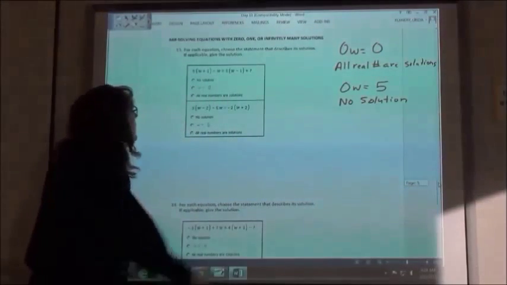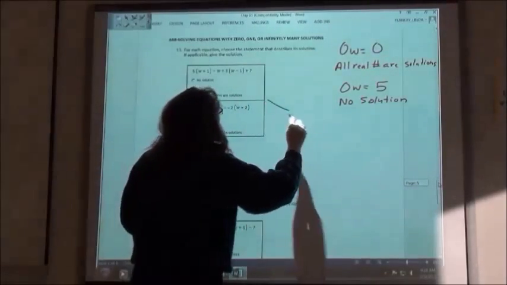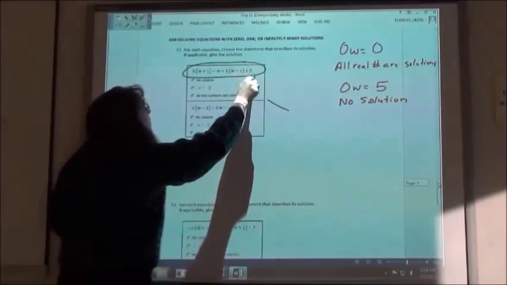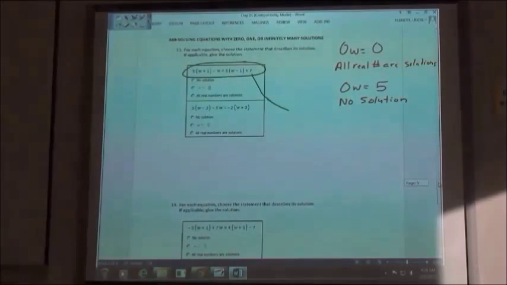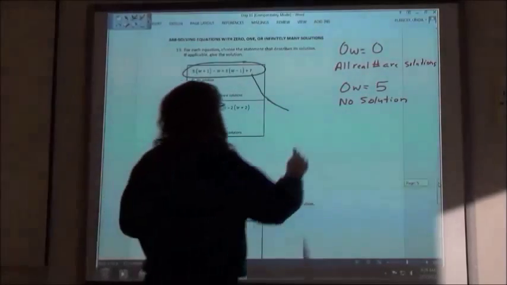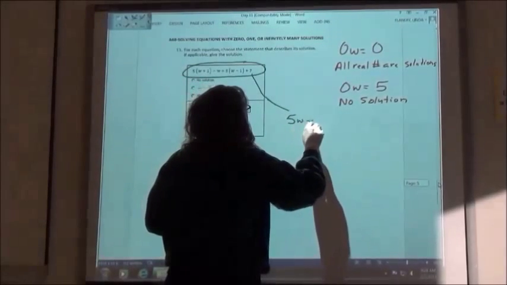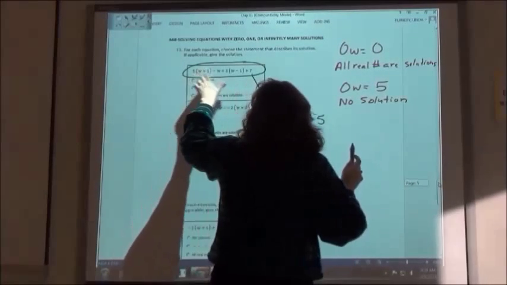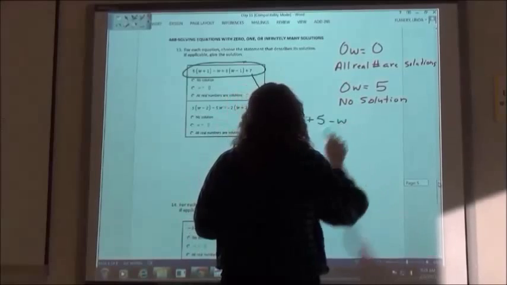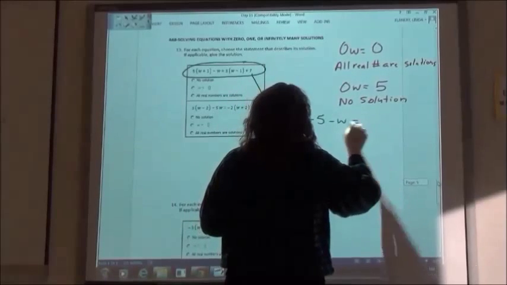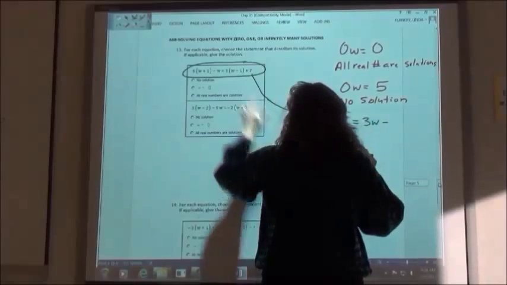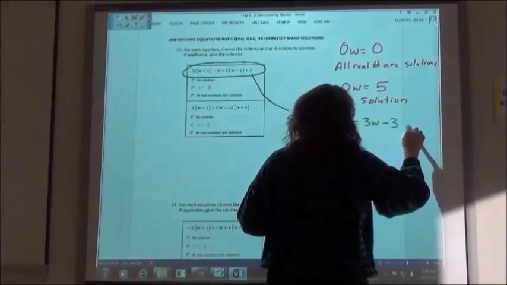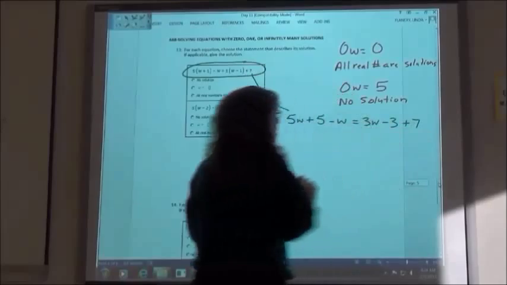So I'm going to do this one down here. First of all, get rid of my parentheses, right? So 5w plus 5 minus that w on the end is going to equal 3w minus 3 plus the 7 on the end.